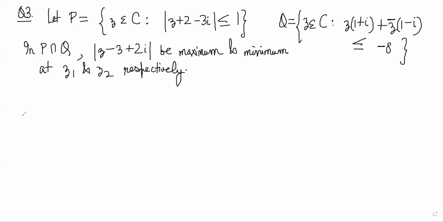If mod Z1 square plus 2 times mod Z2 square is equal to alpha plus beta root 2, you have to find alpha plus beta. Similar question. Make sure you do it correctly this time. Yes, sir.